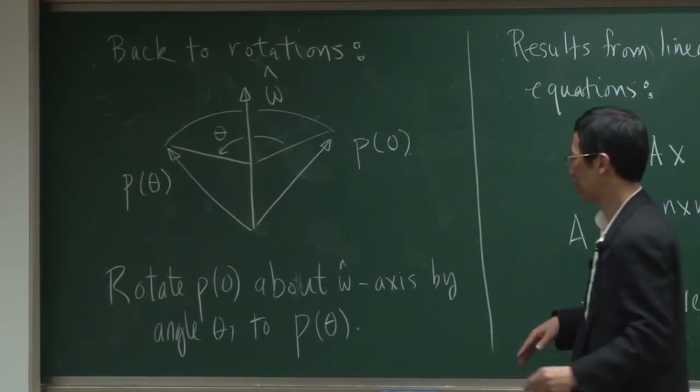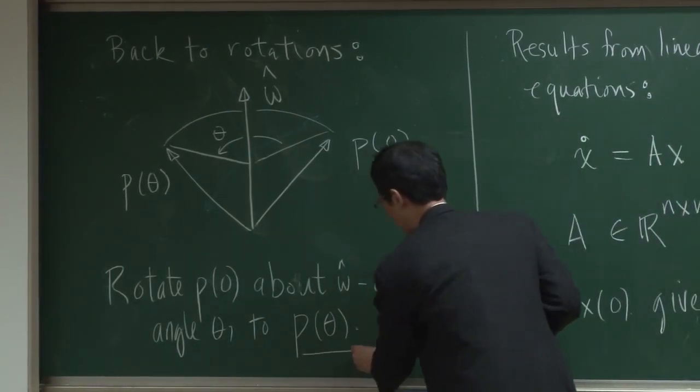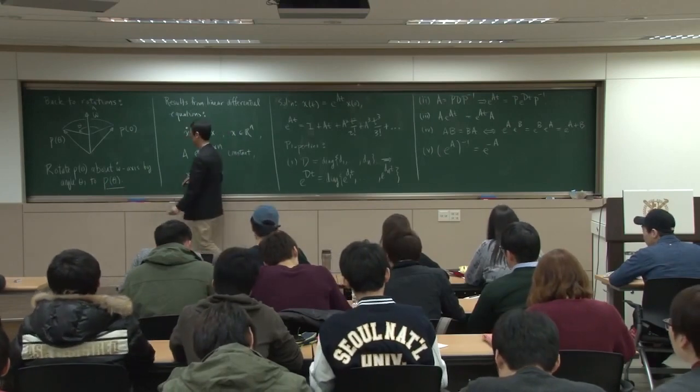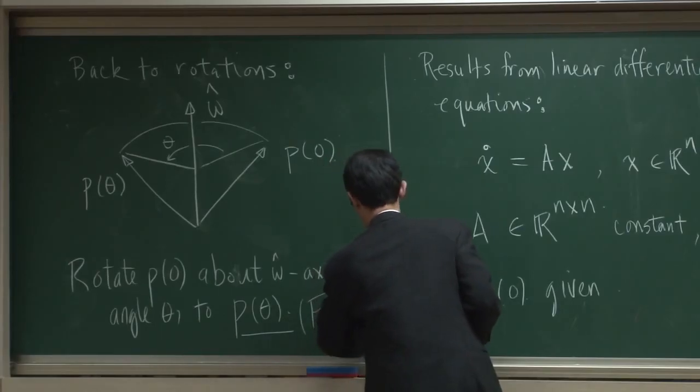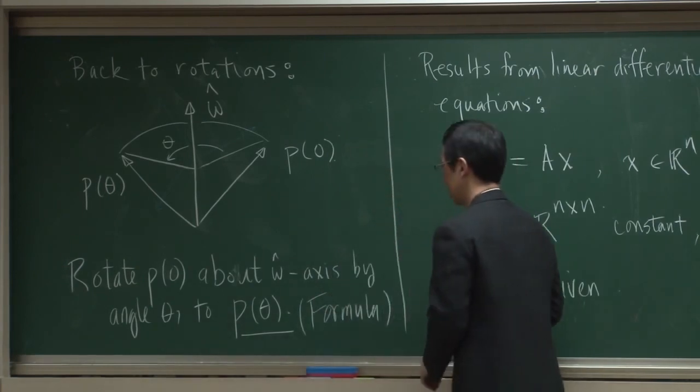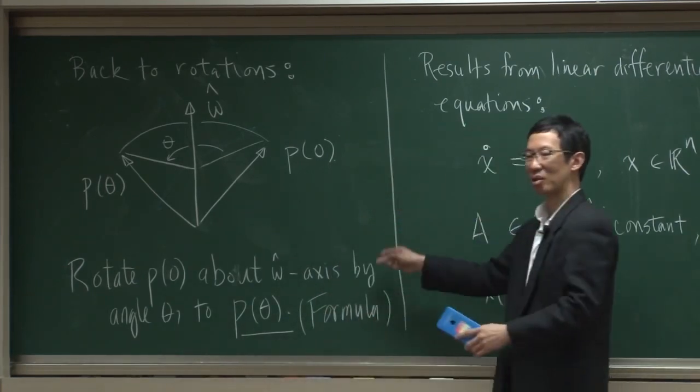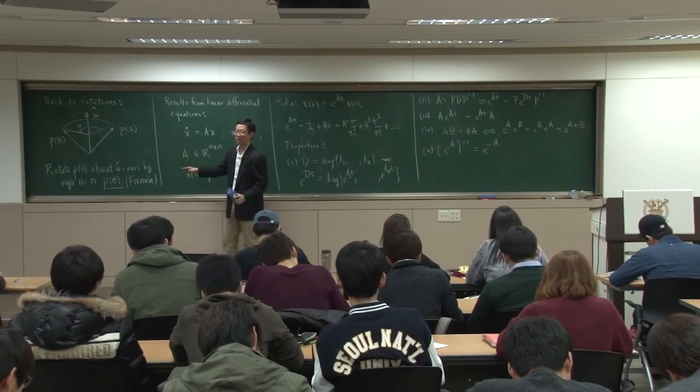What I want is an explicit formula for this. So what is the formula? This is how we're going to get to rotation matrices.